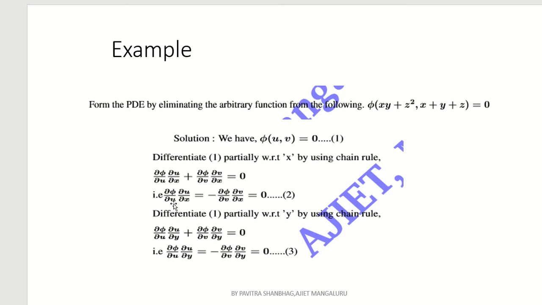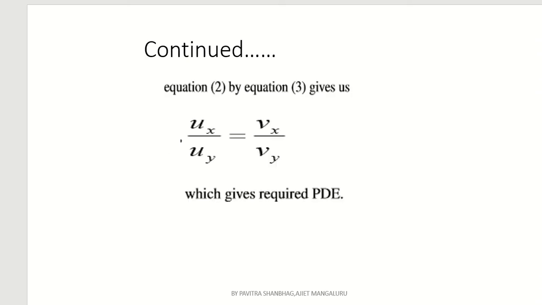So you will get dou phi by dou u into dou u by dou x equal to minus dou phi by dou v into dou v by dou x. This we have already discussed in the previous slide. Similarly, differentiate the given relation partially with respect to y. You will get dou phi by dou u into dou u by dou y equal to minus dou phi by dou v into dou v by dou y. Now dividing this, you will get ux by uy equal to vx by vy. So this itself is the required PDE. But what is u and what is v, that you have to write here.